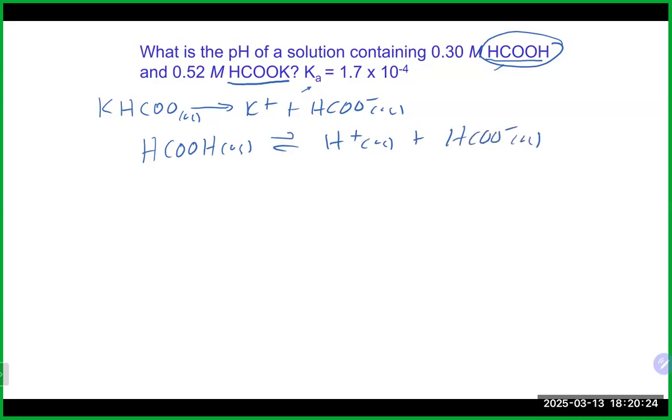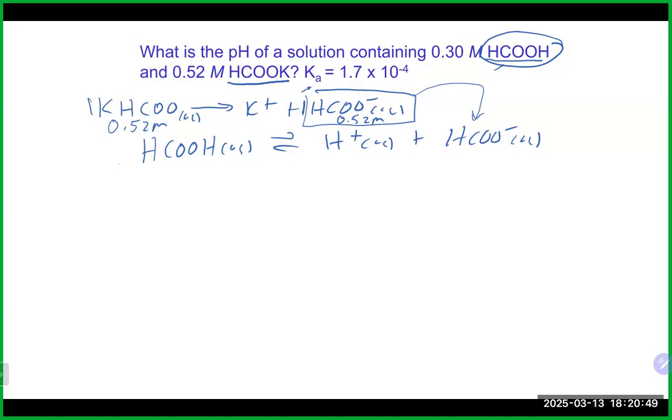And once again, here it is a common ion type situation, as this potassium formate is going to supply some initial concentration of formate. It will obviously be 0.52 molar. It's a 1-to-1 relationship, which means this would also be 0.52 molar.